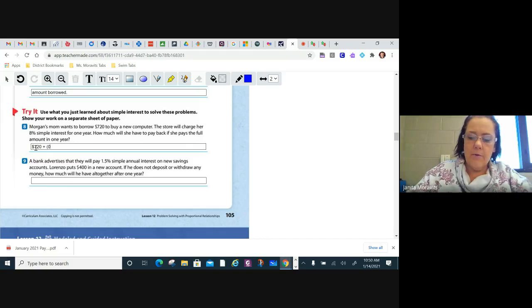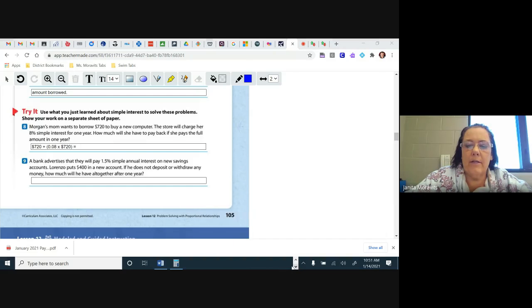So that's going to be 0.08 times the amount that she borrowed, which is $720. That's the $720. All right, we'll find that. And then when we add that number to the 720, that will tell us what she has to pay back.